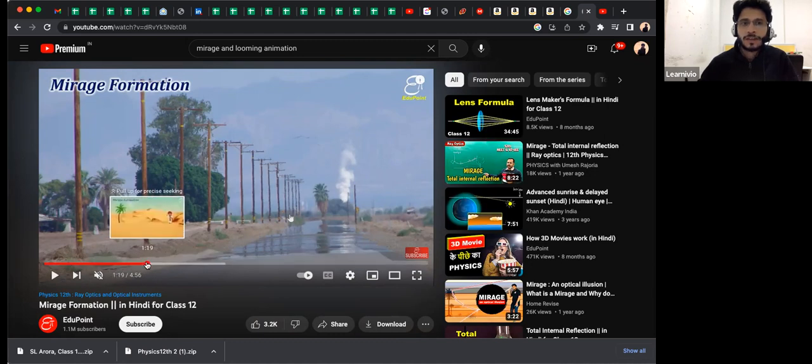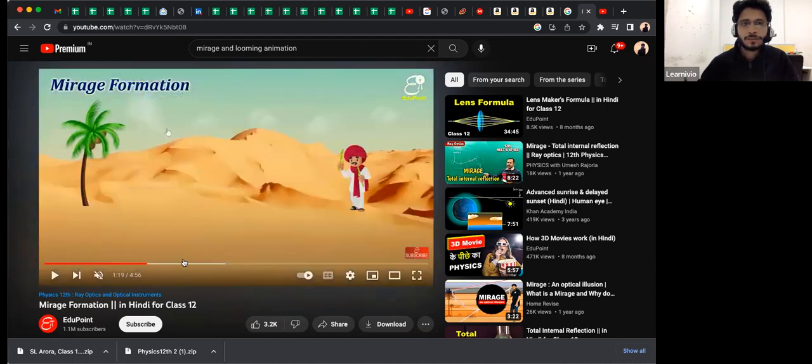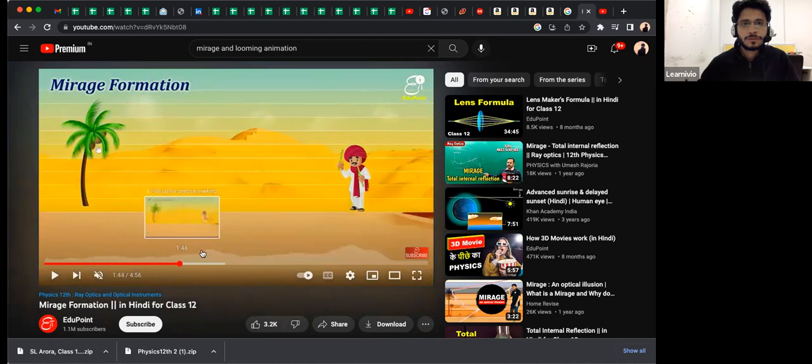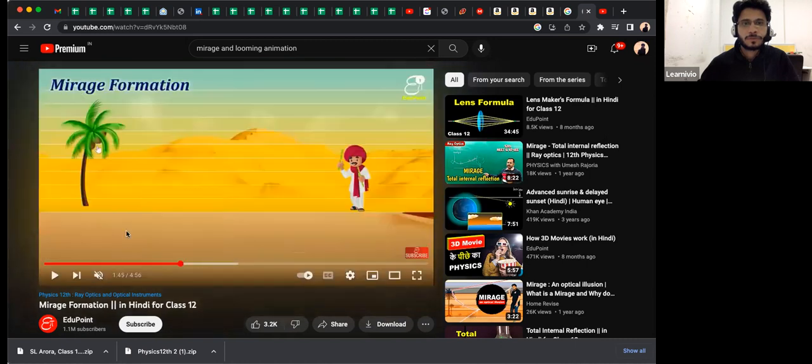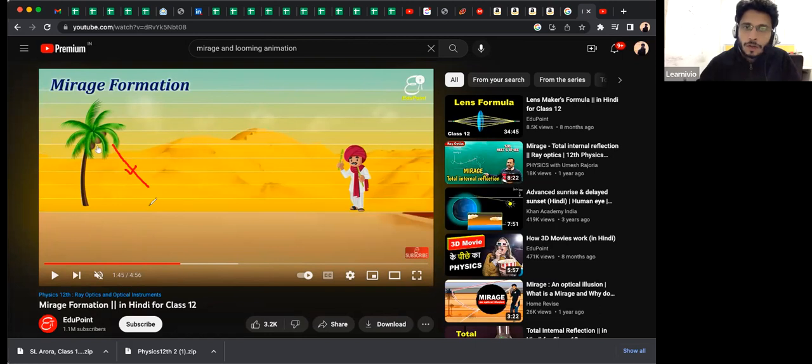So what exactly happens in mirage is, the light rays which are coming from this object, these rays, they get totally internally reflected. The reason is, as you go up, see this is sand.